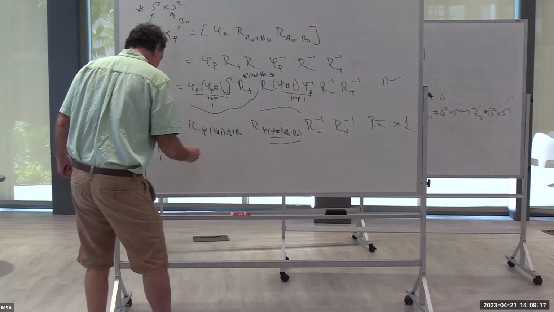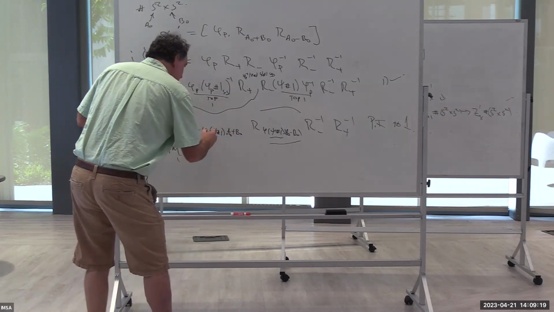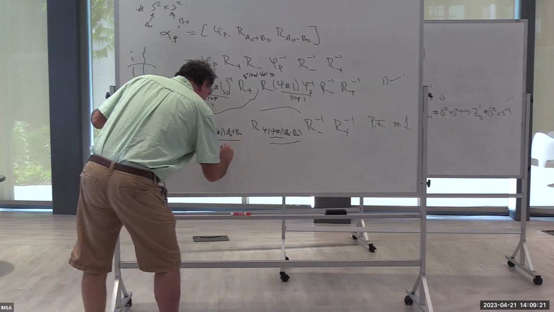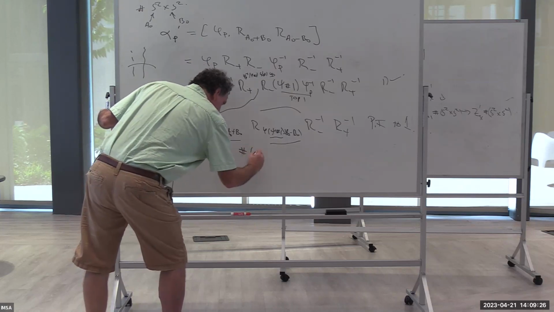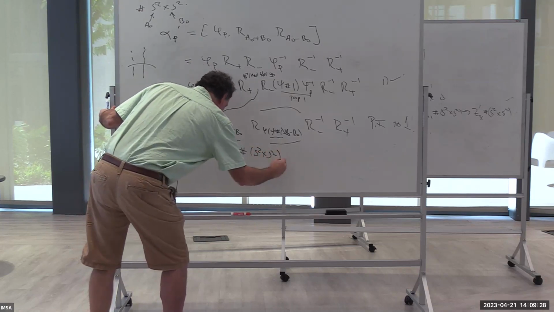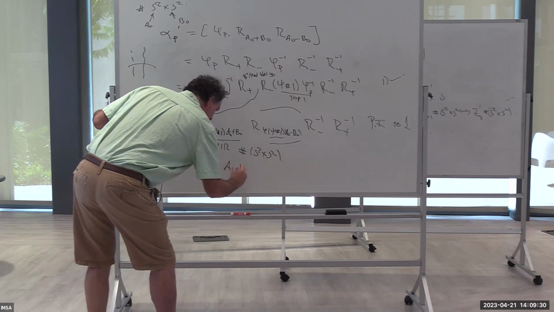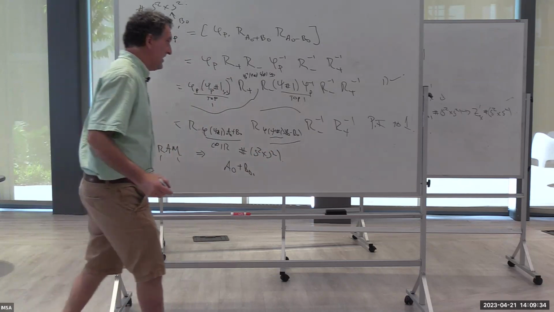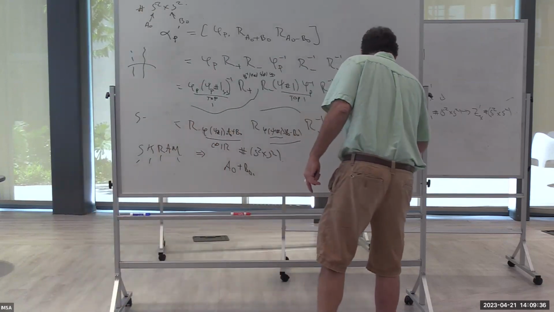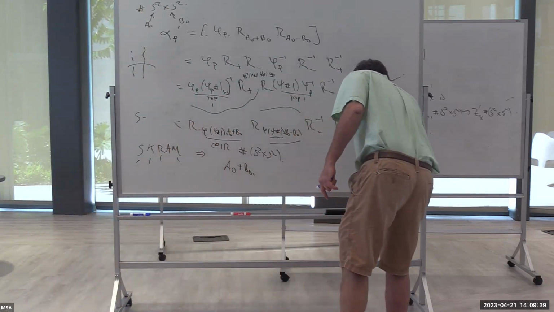It implies that this here is going to be isotopic, smoothly isotopic, after you connect sum with an S2 times S2, to A0 plus B0. And so that means this thing is, so this is part 3, the same after one external stabilization.